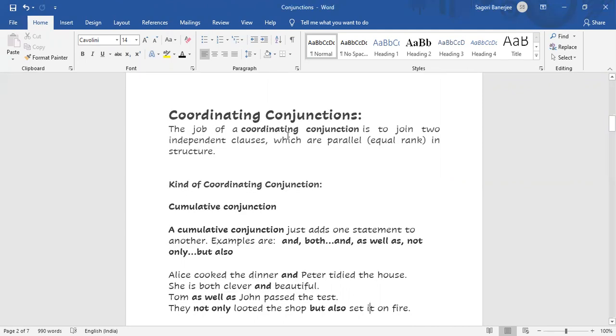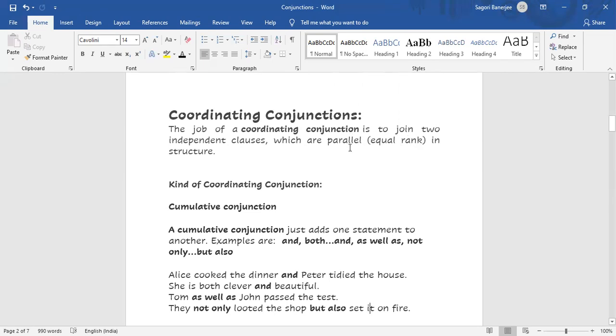The job of a coordinating conjunction is to join two independent clauses which are parallel in structure or equal rank sentences. That means when two independent clauses come, independent clause means one clause is not dependent on another. Both are equal rank. That's why I wrote parallel or equal rank.